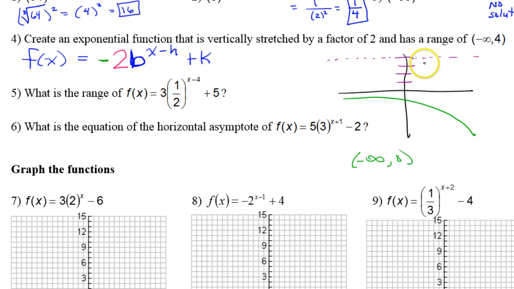So I need to take this and move it up 4. It has to be shifted up 4. And if I'm going to get a shift of up 4, then that's the k value. So this k value needs to be plus 4.